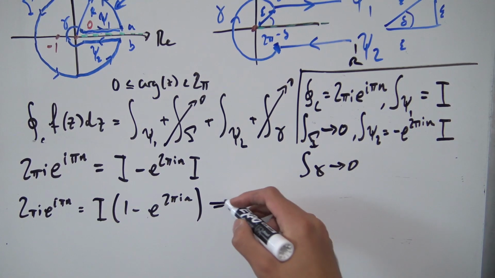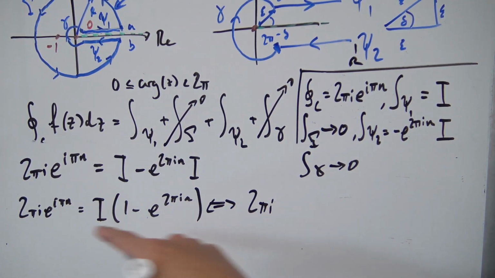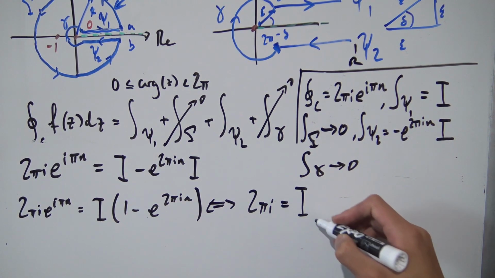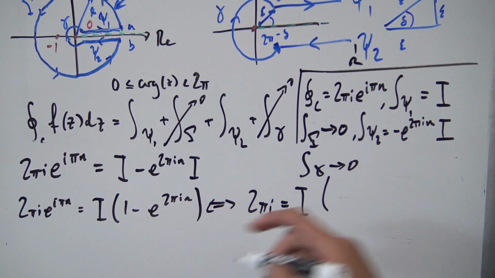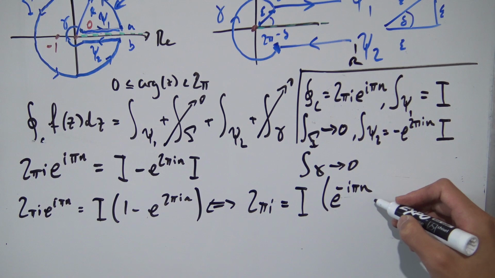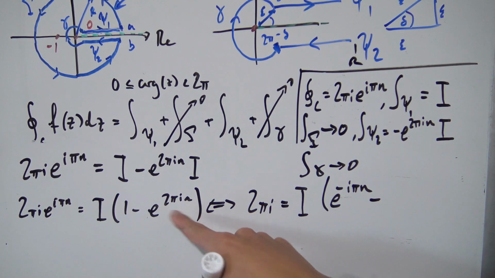So now we have 2 pi i, and then multiplying both sides by e to the negative i pi n, we're going to have I, and then bring that onto the inside right here, we're going to have e to the minus i times pi times n, minus e to the 2 pi i n minus i times pi times n.